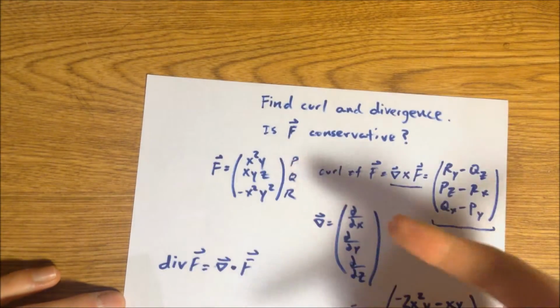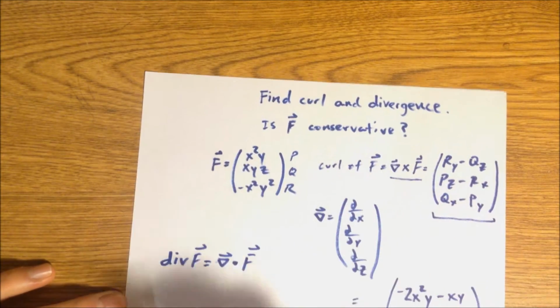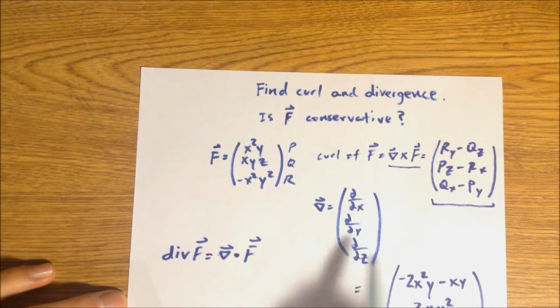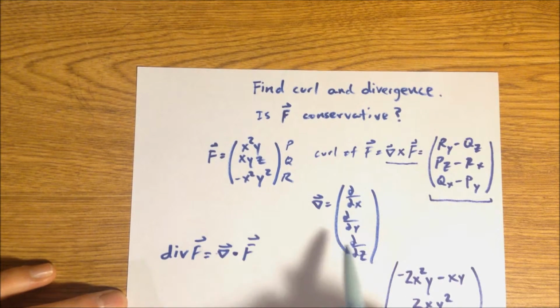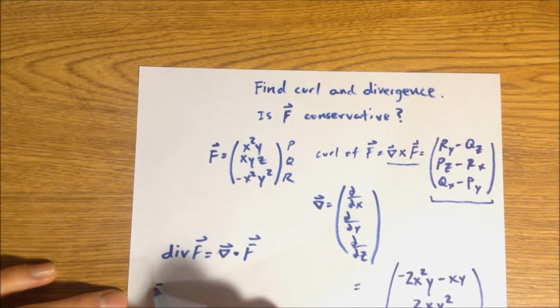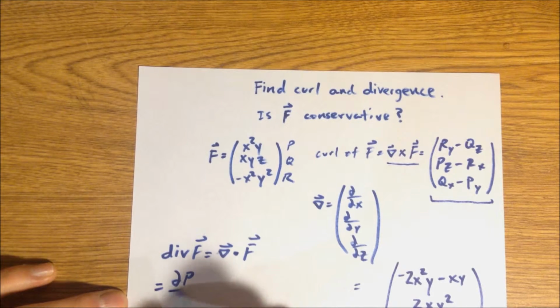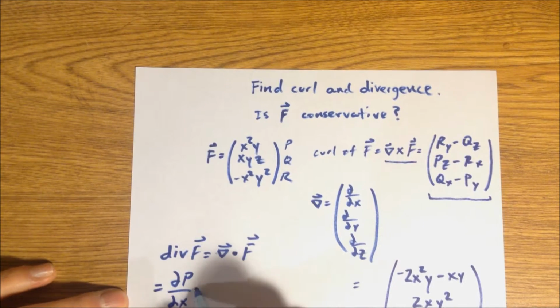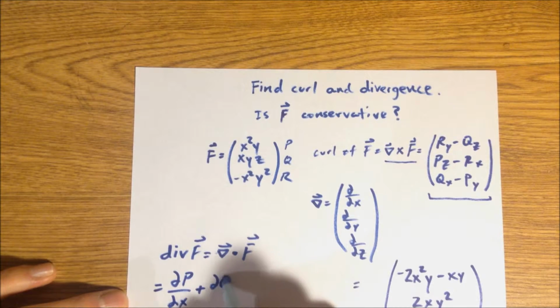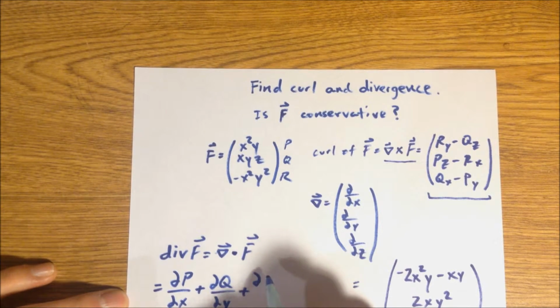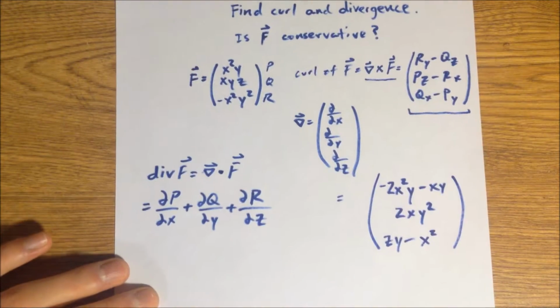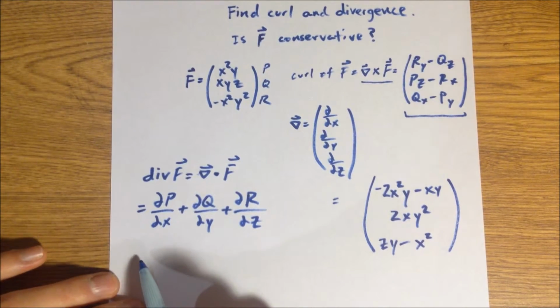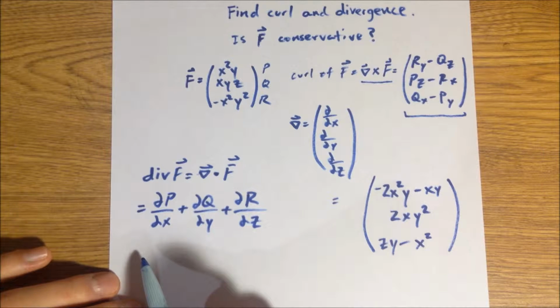Using this same notation as P, Q, R, we can rewrite this dot product as partial P with respect to x, plus partial Q with respect to y, plus partial R with respect to z.